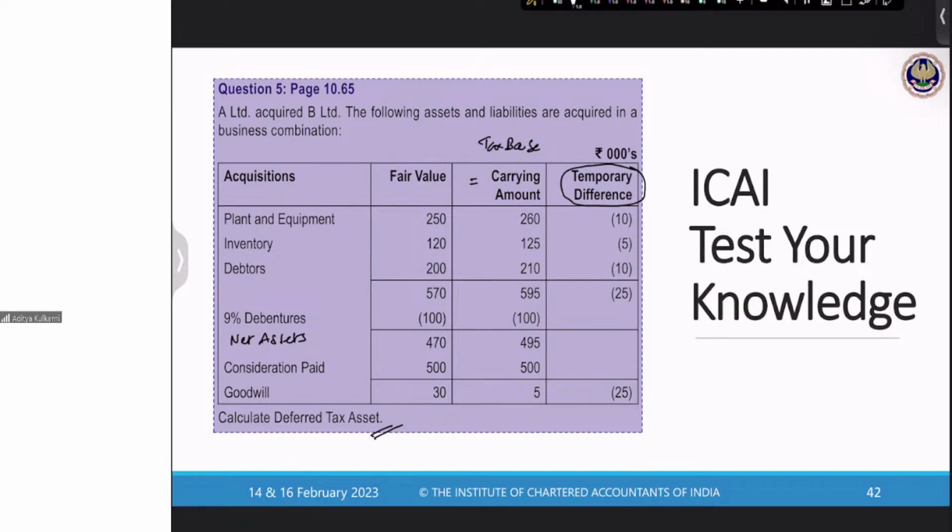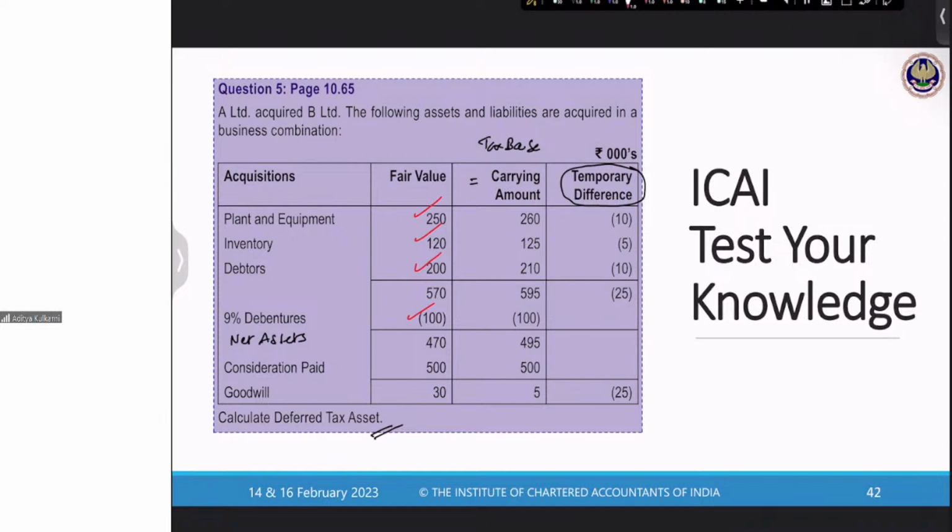All right, so now let us proceed to calculate. What am I going to look at? I am going to look at the net assets which I have acquired. The net assets you have acquired are at these values: 250, 120, 200 and 100. These are the values at which you have recognized the net assets. Consideration paid is there.